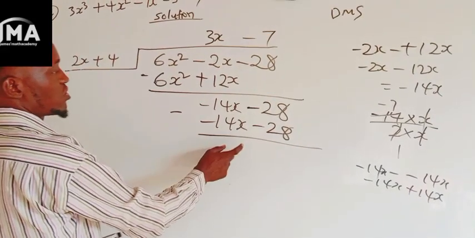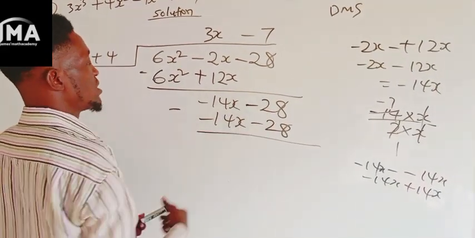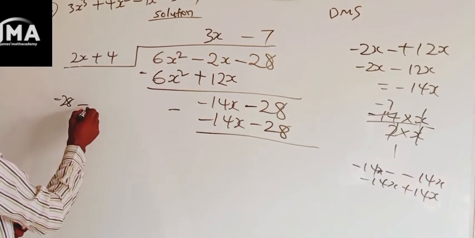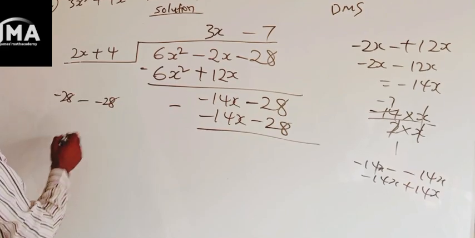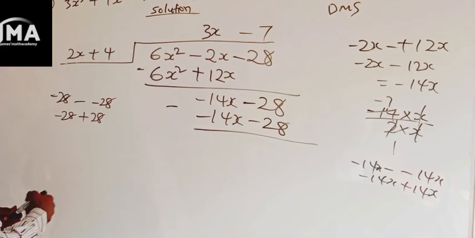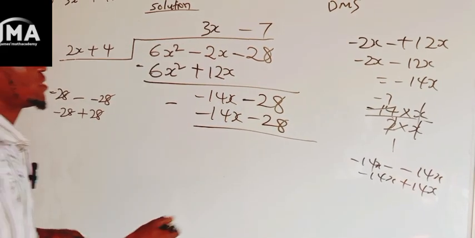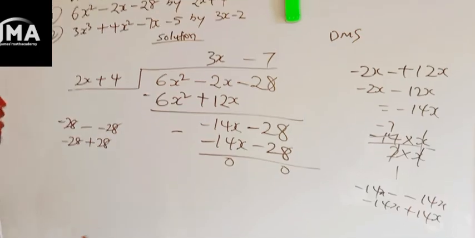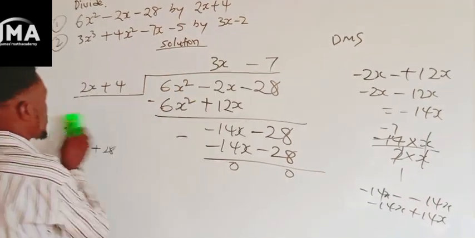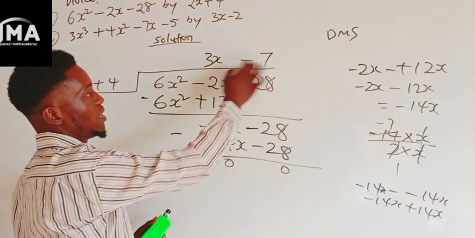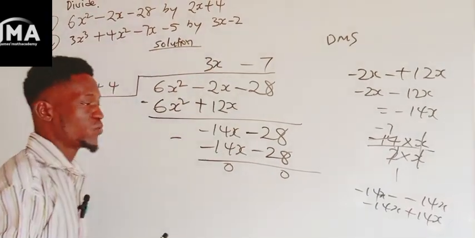So here is 0. So there's no point in writing it. Minus 28 minus minus 28. Minus 28, minus minus is plus. So minus 28 plus 28 is 0. So everything here is 0. So this is our final answer. Okay, so our final answer to this question is 3x minus 7.